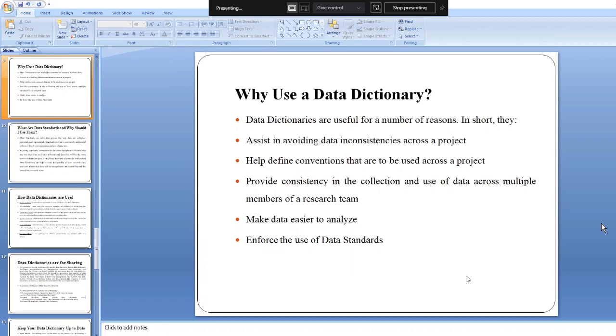Now, it also helps us in defining conventions that are used for projects. That means whatever things are required, which can play an important role in completing that project successfully.